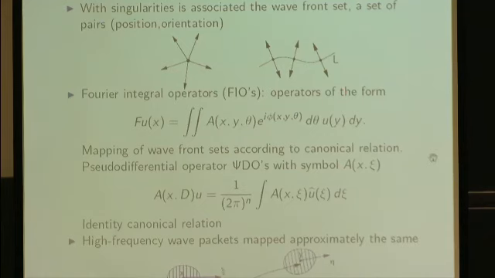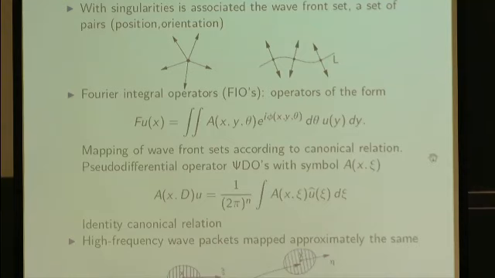Well, we need a little bit more, which is the wavefront set, a set of pairs of position and orientation that tells you what you can derive about the singularity. For example, if you have a discontinuity along a curve, the orientations are normal to the curve, and you can define this as a decay of a Fourier transformed and localized function. You can properly define this. For example, you can find this in the books of Hörmander and Duistermaat.